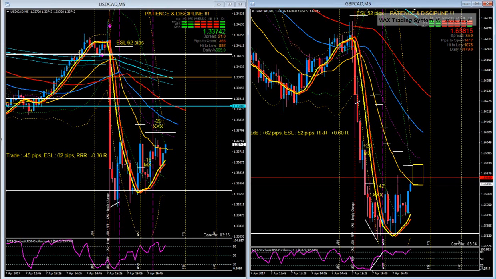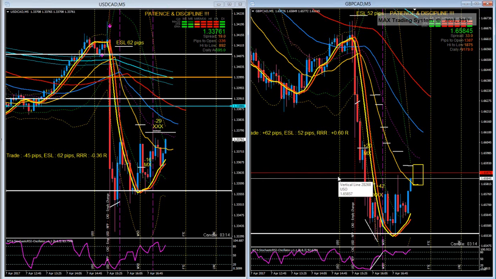Explaining the decision process in the context of a news release requires much more attention, because while I'm explaining what is happening on one pair, I don't necessarily see what is happening on the second pair. So this may sometimes be delicate, but in any situation we need to stay cool, quiet, and try not to be overwhelmed by our emotions.